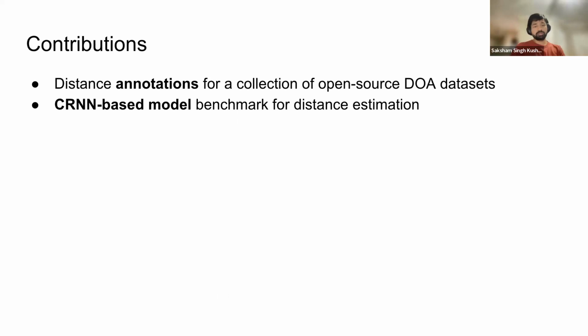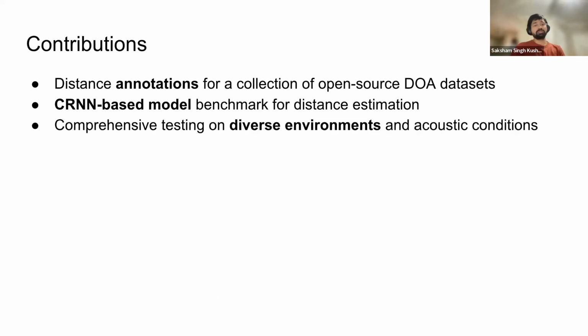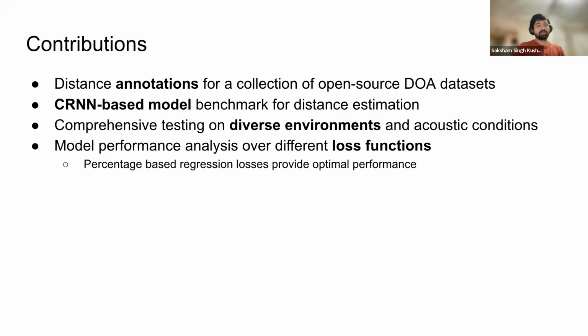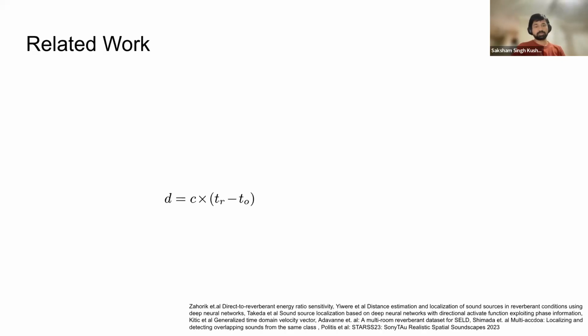We show the effectiveness of our approach through comprehensive testing on diverse dynamic environments and acoustic conditions. We also provide the analysis of model performance resulting from using different loss functions. And we found that percentage-based regression losses provide optimal performance.